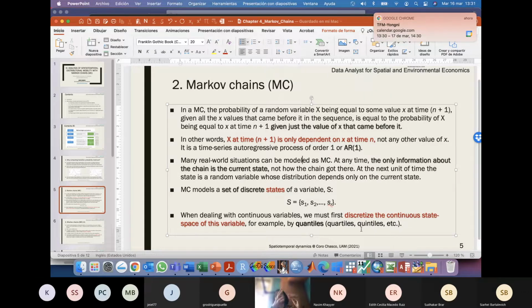The state space is the span, the variation of this variable. And this is why this S, which is the state space of the variable, must be split into R classes, whatever, the quantiles, the quartiles, if it is a continuous variable.